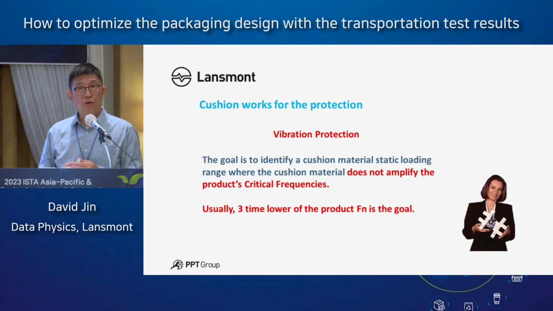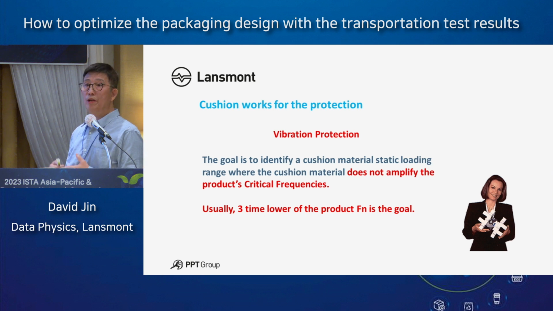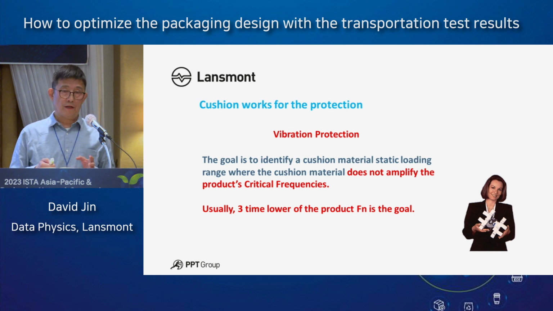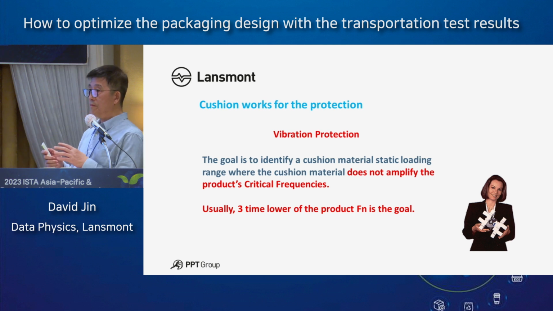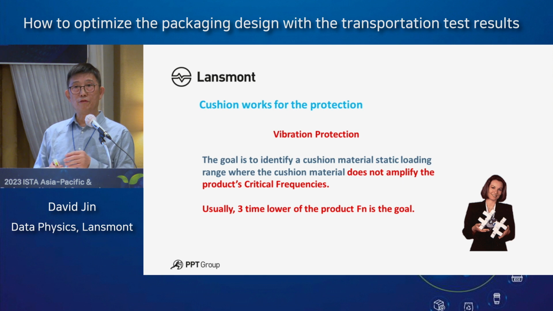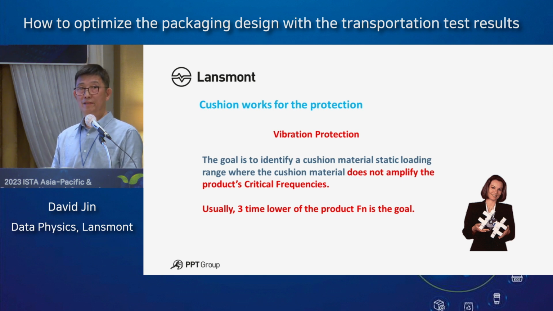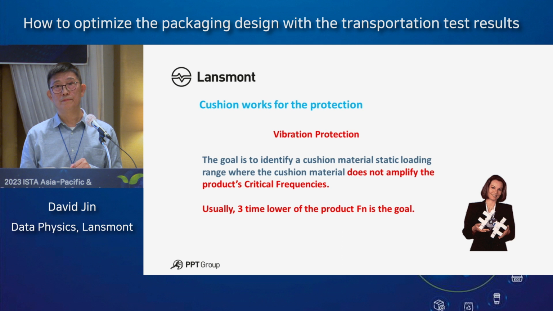So next, we will check how vibration is going to work for the cushion materials. We just talked about how vibration is very bad at your natural frequency. This table also has a natural frequency. If we hit the natural frequency of the table, clapped, it's in pieces.